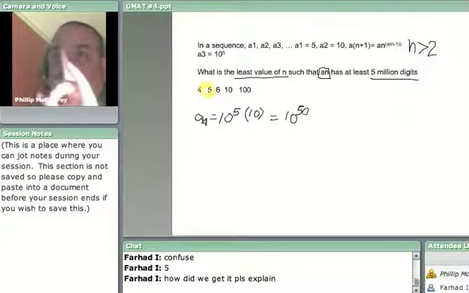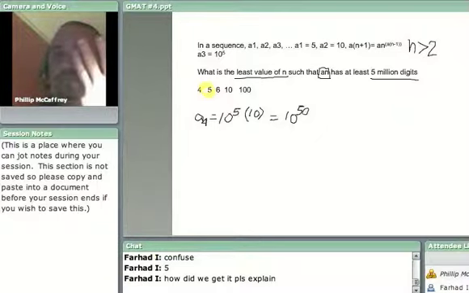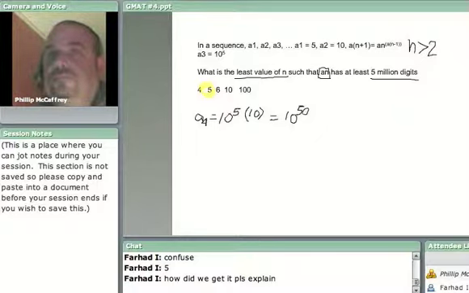So 10 to the 1 has 2 digits. 10 to the 2 has 3 digits. I'm sorry, I said that backwards. 10 to the 2 has 3 digits. 10 to the 3 has 4 digits. I am typing that down because I'm saying that. The powers of 10, number of digits.